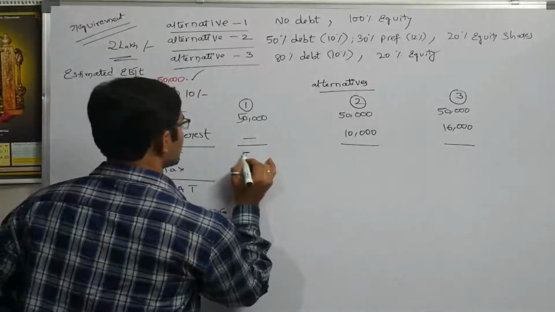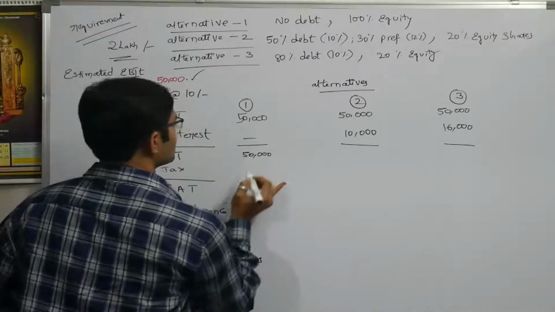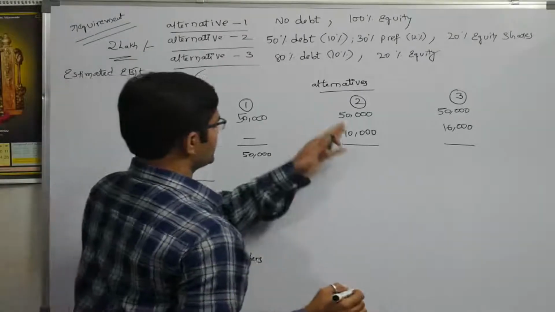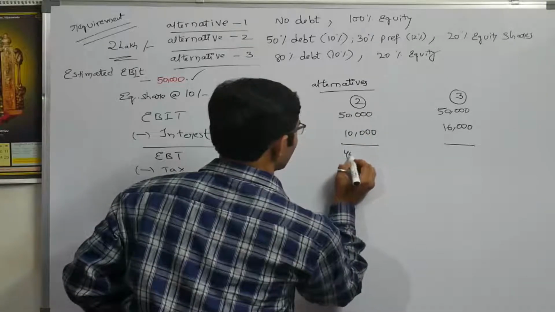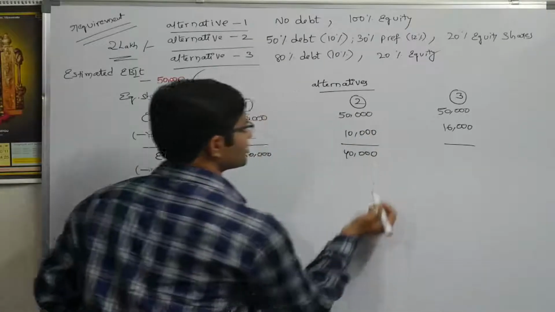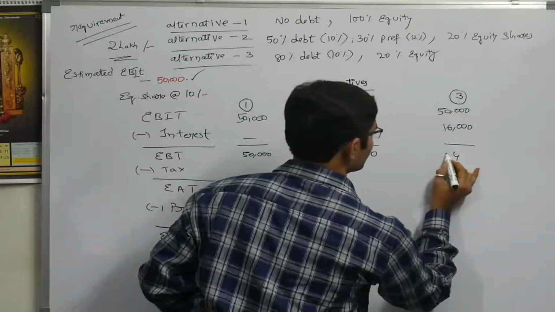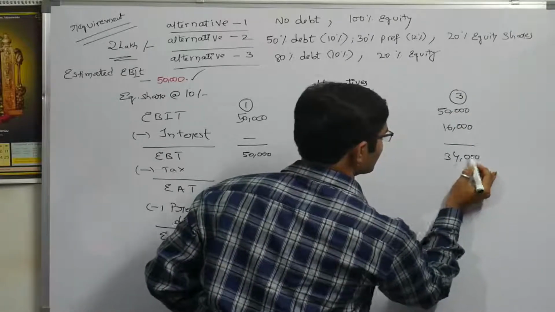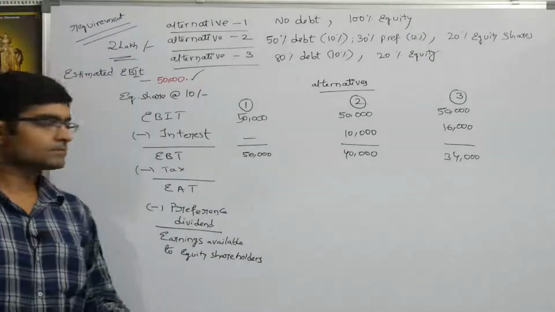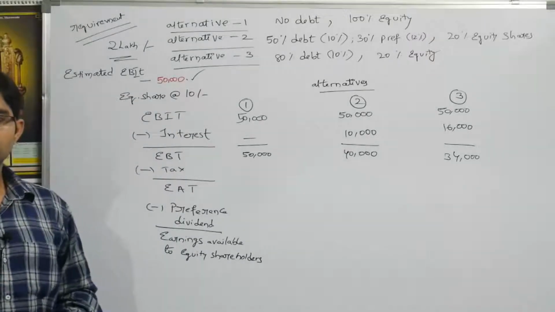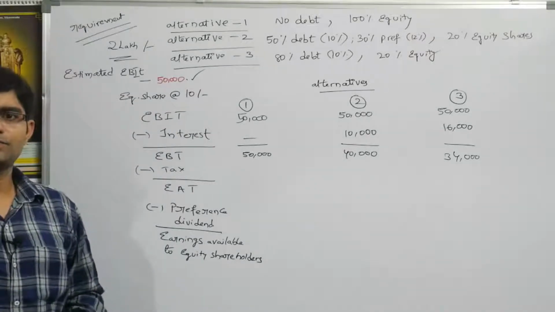Now EBT is here 50,000, and next 40,000, 34,000. Now let's assume the tax is 50%.